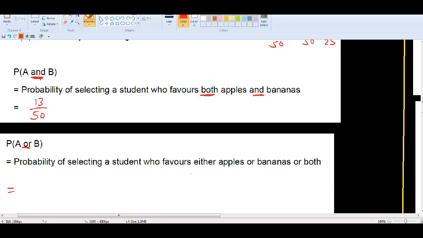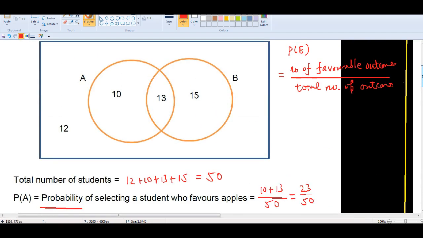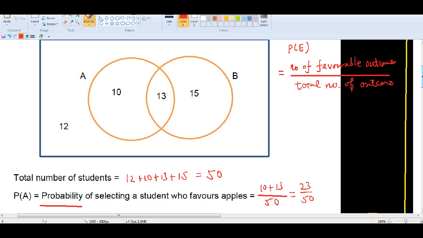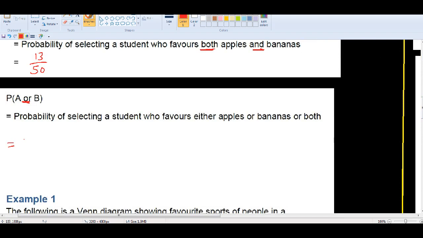What do you mean by favoring either apples or bananas or both? That means all students either in circle A, or in circle B, or in both of them. That means A or B. How many of them? There will be 10 plus 13 plus 15, divided, of course, again by 50.